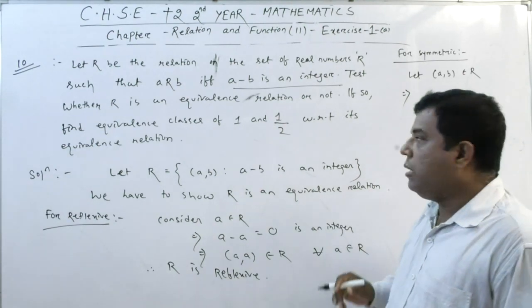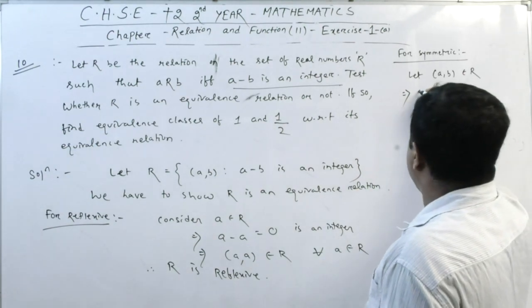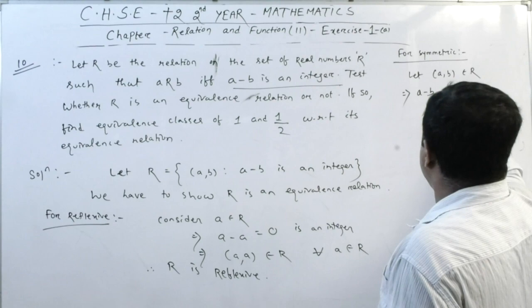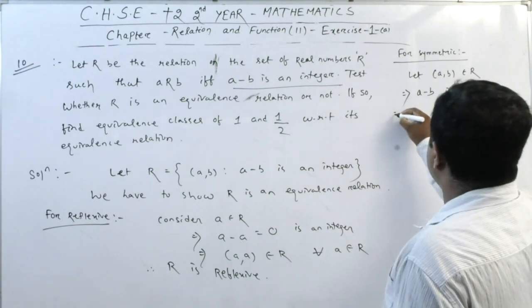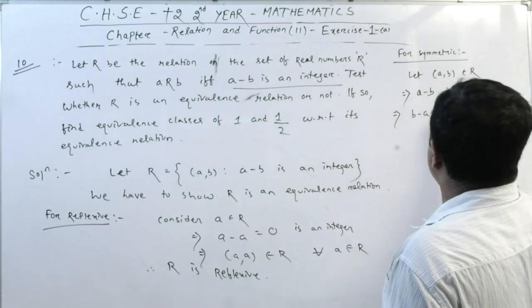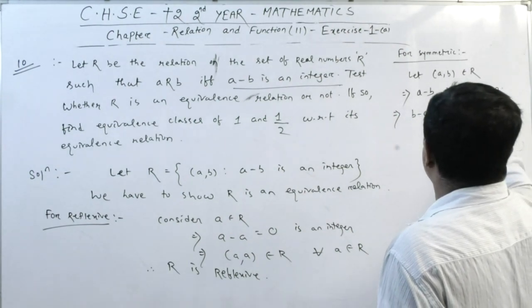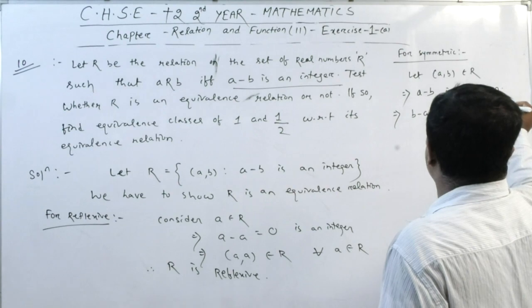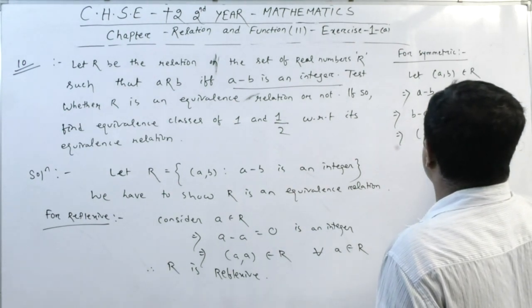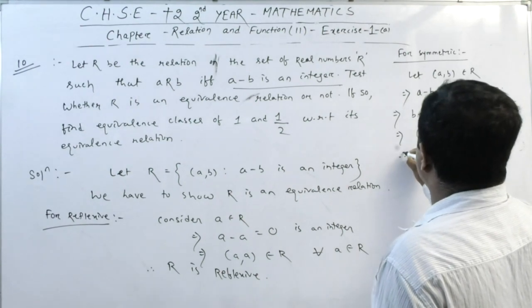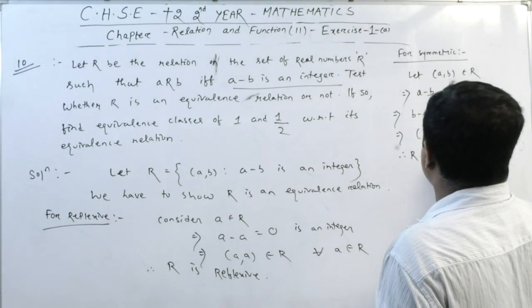It means that a minus b is an integer. That implies b minus a is also an integer. So we can say the ordered pair (b, a) also belongs to R. Therefore R is symmetric.